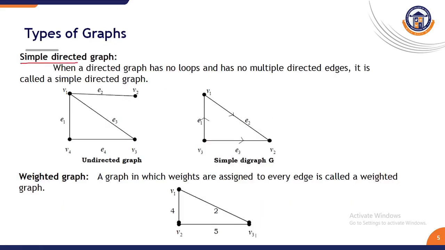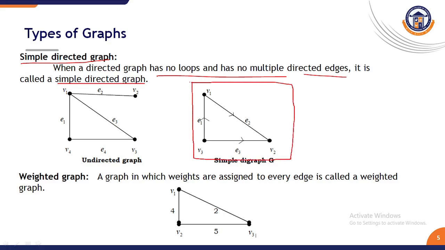Simple directed graph. When a directed graph has no loops and no multiple directed edges, it is called a simple directed graph. So this is a simple directed graph. There are no loops and multiple directed edges.